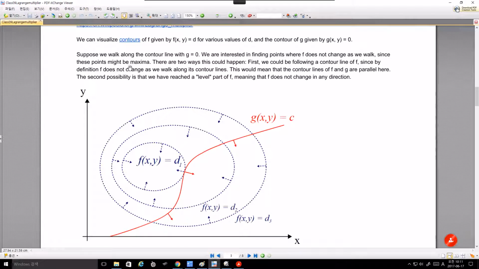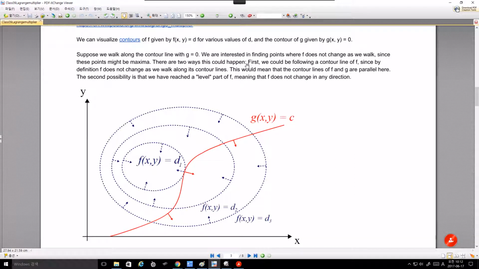Since this point might be a maximum, there are two ways this could happen. First, we could be following a contour line of f. Then it is the same height. It's a contour line, 등고선 in Korean. So basically, we are following this contour and we are always at the same height.